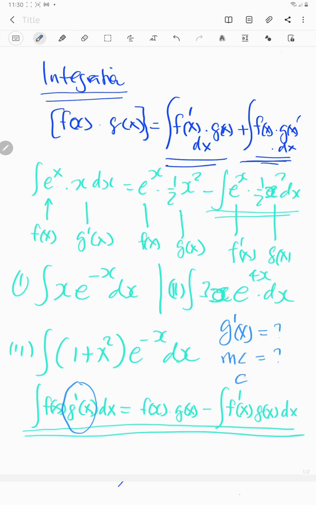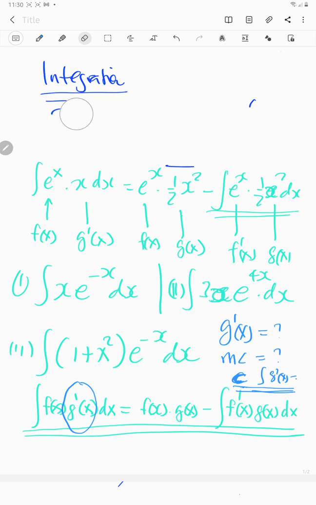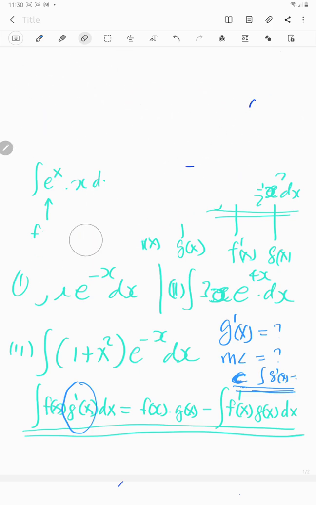So to get the cost, you must integrate g'(x) so that you get the original function. That's the most important part, and it's the most critical process.